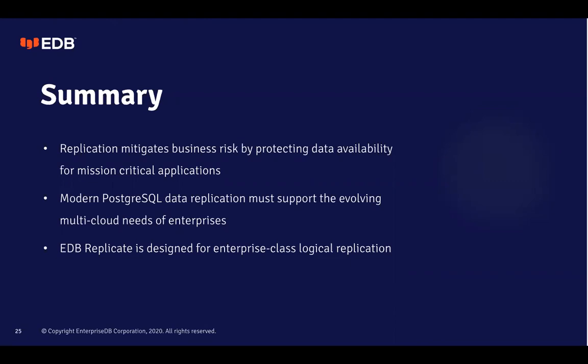EDB Replicate is designed to help customers who are trying to migrate to the cloud and provide responsive, low latency applications that are distributed and have to respond to customers worldwide. It builds upon logical replication that's natively provided with PostgreSQL by adding enterprise features, such as fault tolerance and the ability to scale.